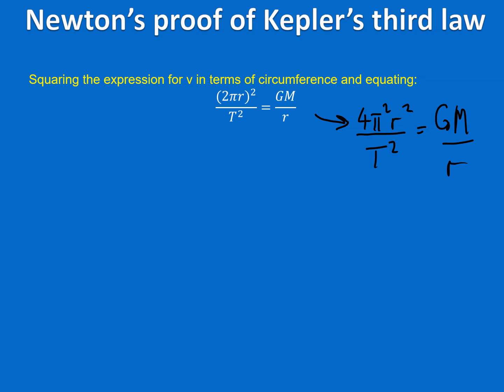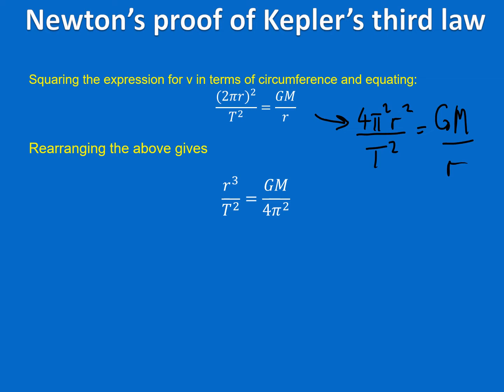So all we need to do now then, bring the r's to one side and move the 4 pi squared over to the other side. So if we do that, we get r cubed over T squared is equal to GM over 4 pi squared.